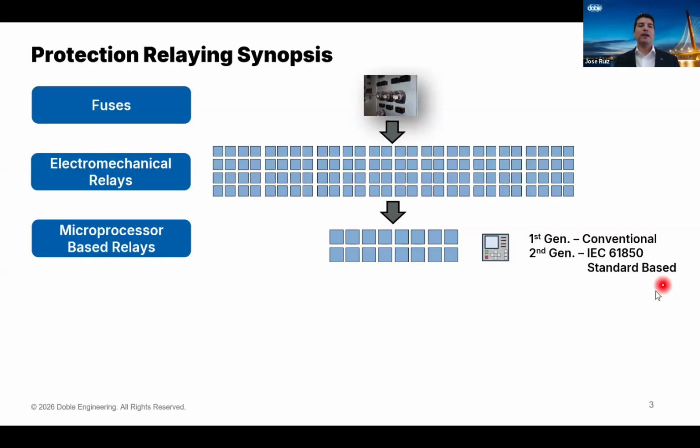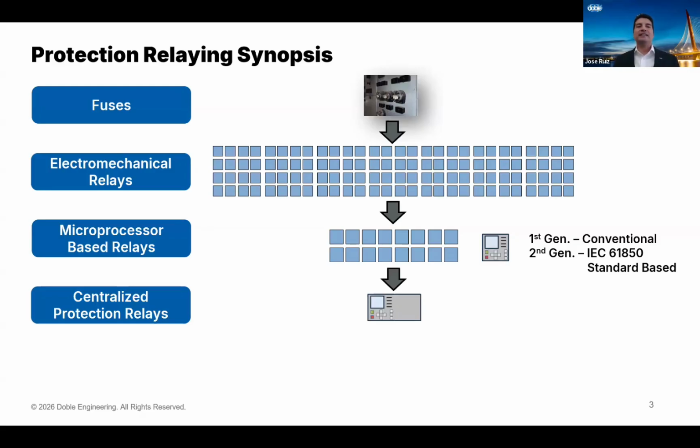So that's what we are familiar with. We know electromechanical relays, we know conventional microprocessor-based relays, and microprocessor-based relays using the IEC 61850 standard. Then we got the centralized protection, which is what we're talking about in this presentation. We went from multiple boxes, multiple relays, all the way down to a single device.